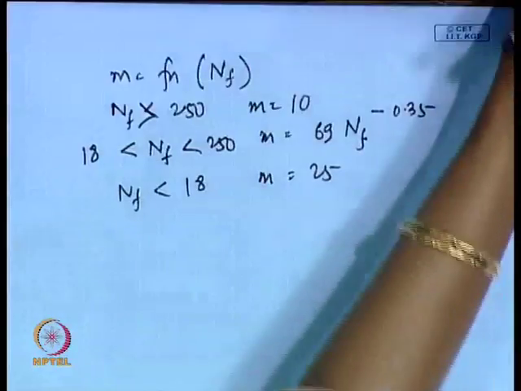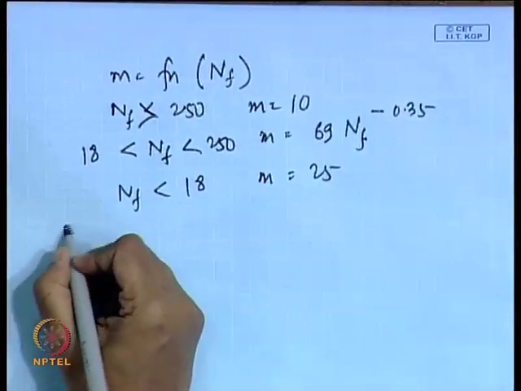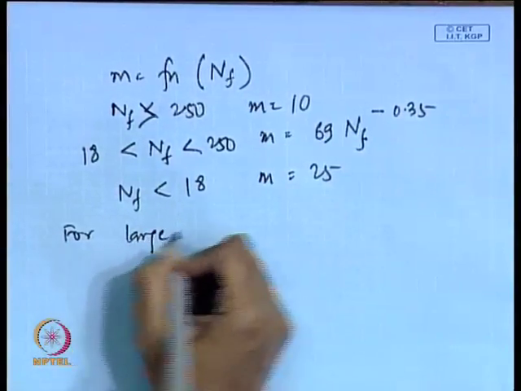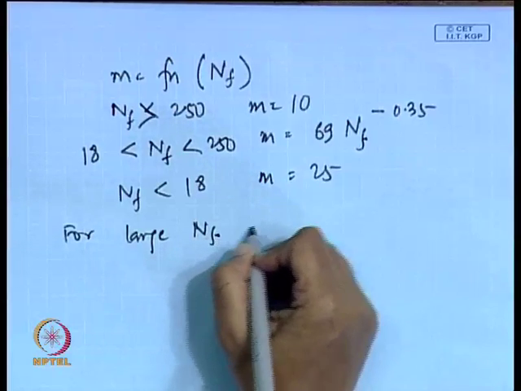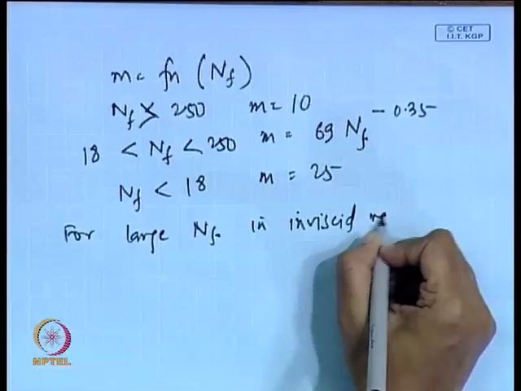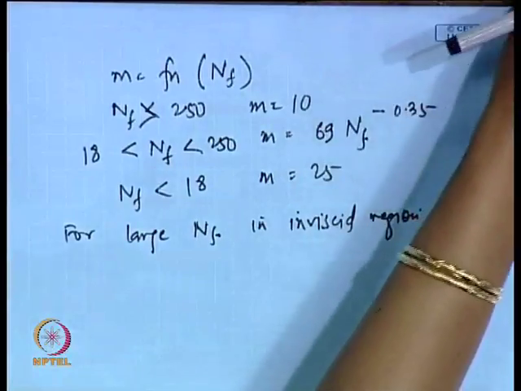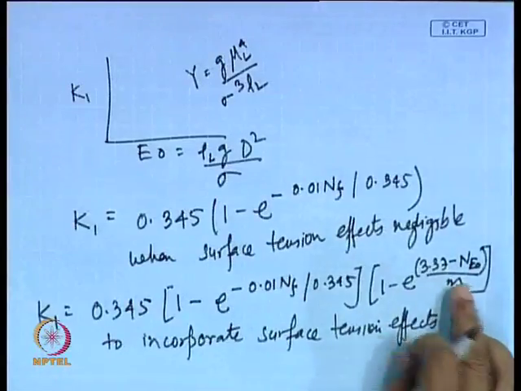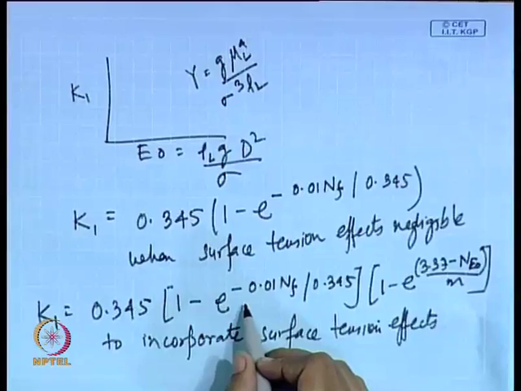Again, when viscous effects are negligible, that means for large NF, in the inviscid region, naturally this term becomes important and this term becomes less important.